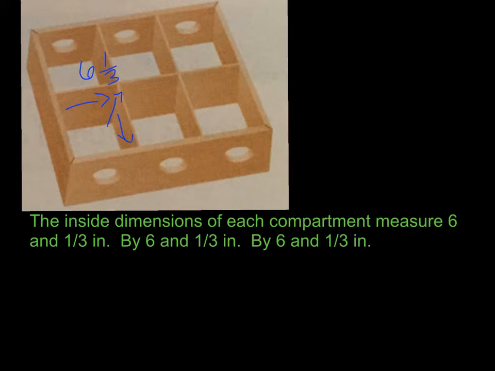The next compartment over would be the exact same thing. You would have a length, a width, and a height of 6 1/3 inches. And your last compartment would be a length, a width, and a height of 6 1/3 inches. That covers 3 of the compartments, and we could label the back 3 over here the exact same.